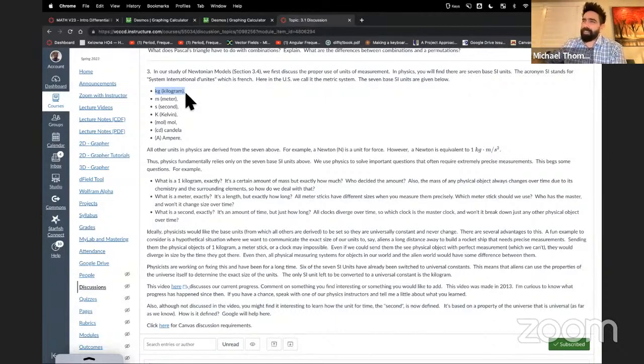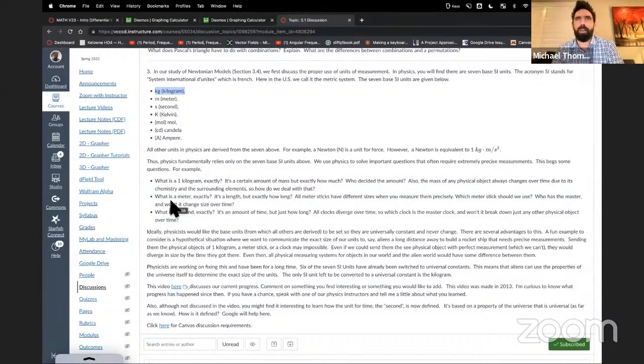Maybe someone in the United States built a little weigh scale and I could use theirs. But don't I run into issues there? Because over time, they all just get worse and worse if we're all basing each other's results off each other's results. So you run into these problems with the kilogram.